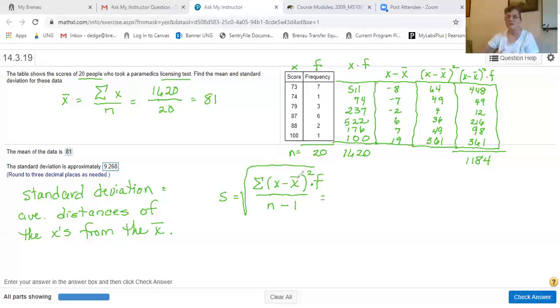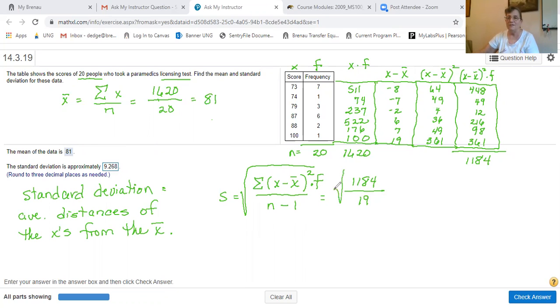So we're going to take the sum of the x minus x bar squared times their f, multiplying by the frequency before you sum them. This turns out to be 1184. It's going to be divided by n minus 1, which is 19.